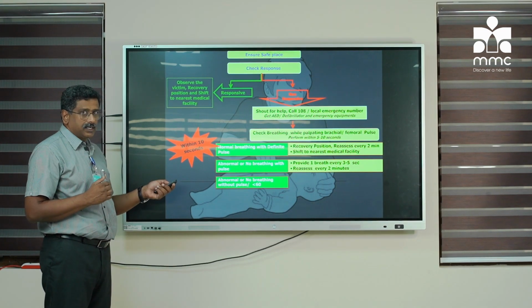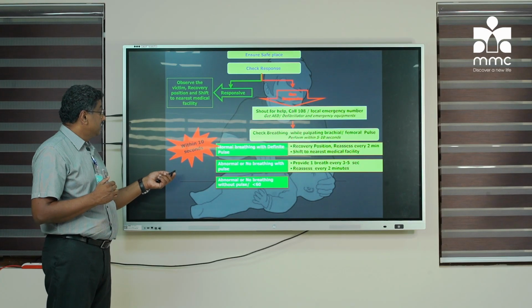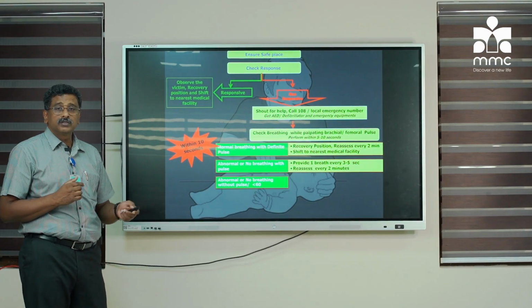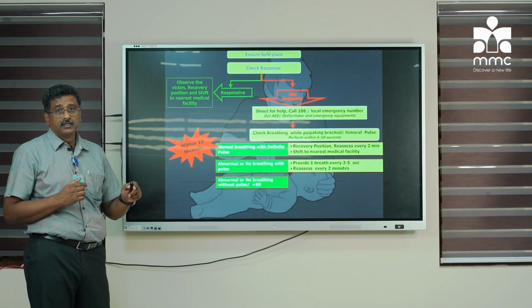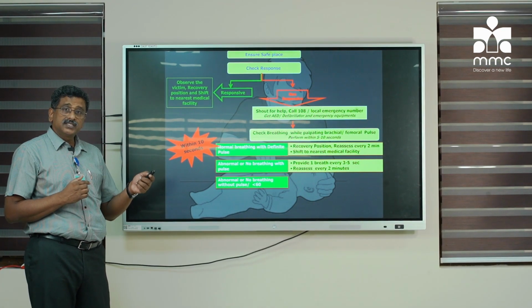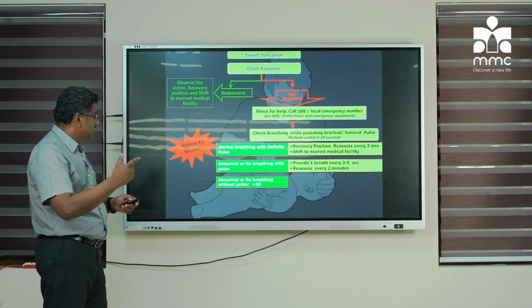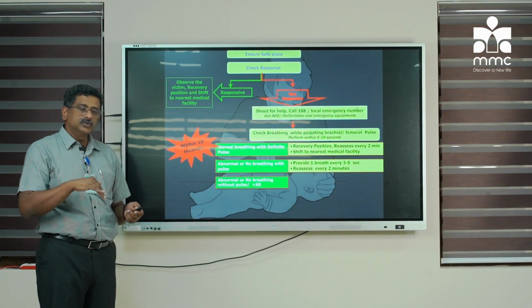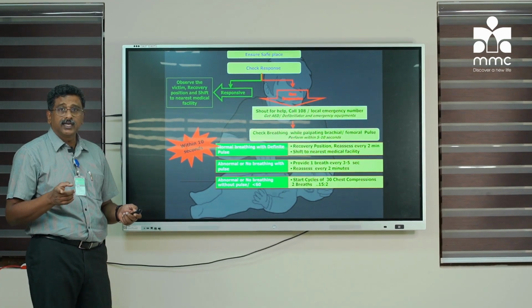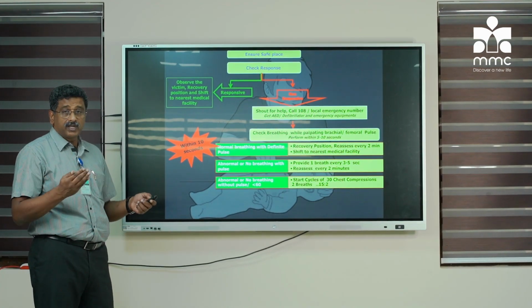But unlike in adults, here, abnormal or no breathing without pulse, and also if the pulse is less than 60 with signs of poor perfusion, irrespective of giving ventilation, then you will have to do chest compression. In adults, it's not like that; when there is no pulse, you do compression.